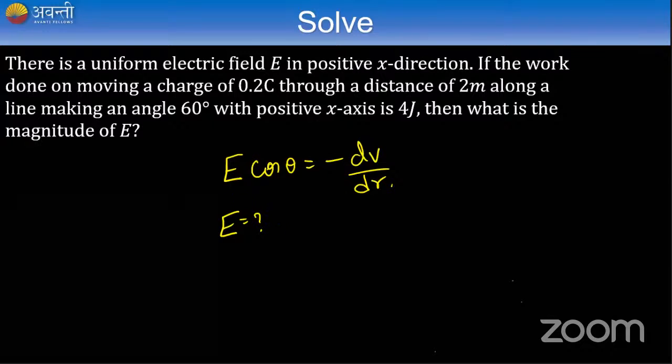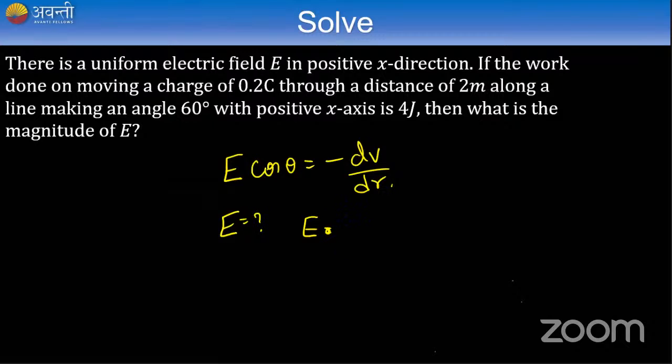Okay, guys, so we have to find E. So I'll take E is equal to minus dV by dr. Is my V given? I have to do this integration, no?